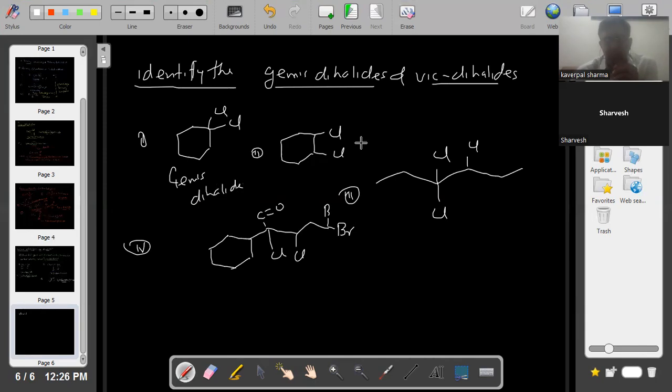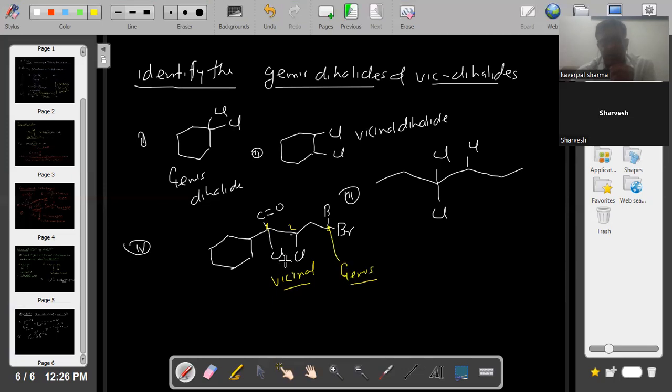This is vicinal, with 2 different consecutive carbons. And the third one has 2 chlorines on the same carbon, so it is gem. The next one has 1, 2, so that is vicinal dihalide.